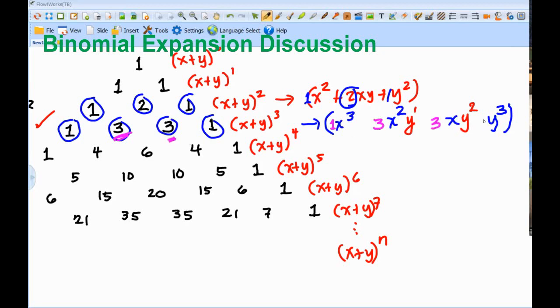Next is 1. So therefore, our final answer would be this. Expand x plus y cubed, you will get x cubed plus 3x squared y plus 3xy squared plus y cubed. All right?